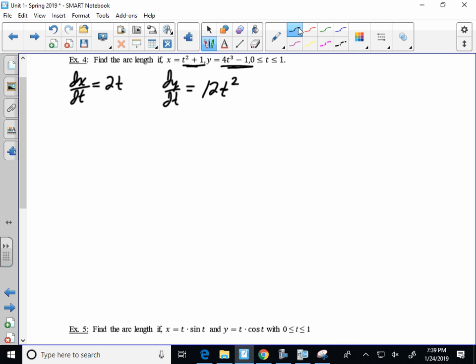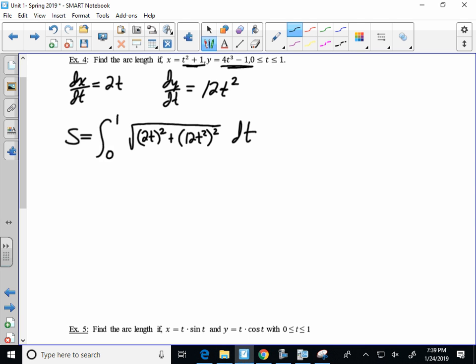So the arc length is going to be on 0 to 1, the square root of (2t) squared plus (12t squared) dt.